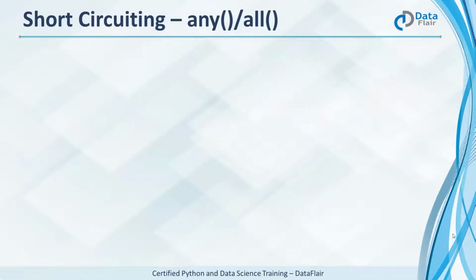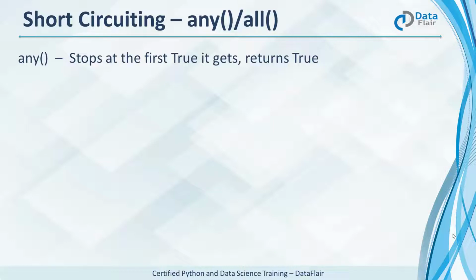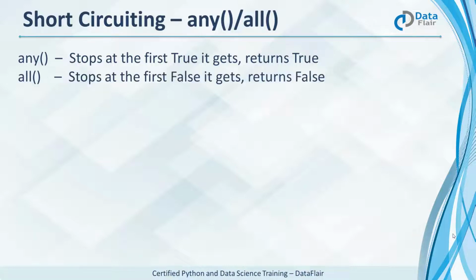You can also short-circuit with the functions any and all. Any stops evaluating at the first true value it finds and then returns true. What's the point of analyzing the rest of the values when we already know that at least one value is true? All stops at the first false it gets. It knows there is no point analyzing further to determine whether all values are true when it knows one value is false.